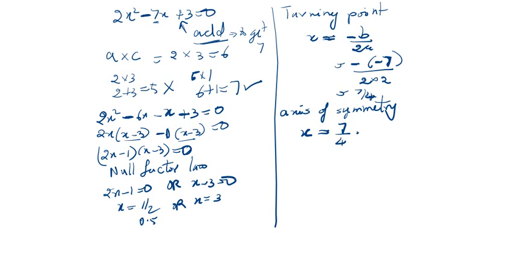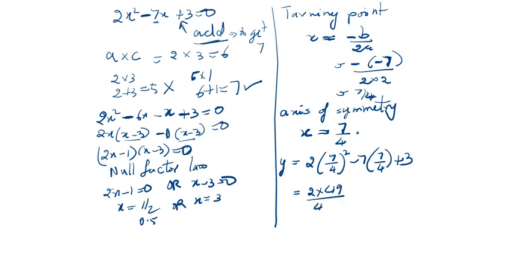Now you have to find the y value of the turning point. So you're substituting 7 by 4 into 2x squared minus 7x plus 3. That gives me 2 times 49 divided by 4 times 4. I can cancel the 2 there, so this becomes 49 by 8, minus 7 times 7 by 4, which is also 49 by 4, plus 3.